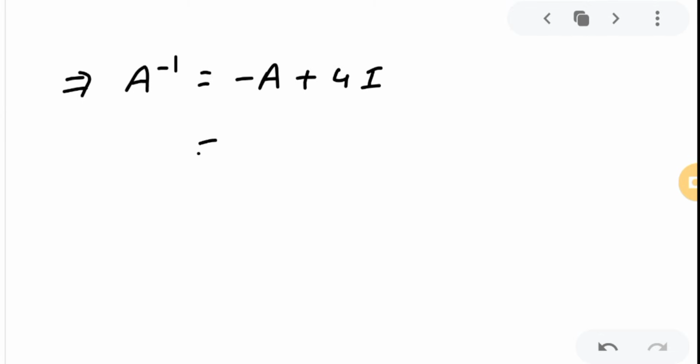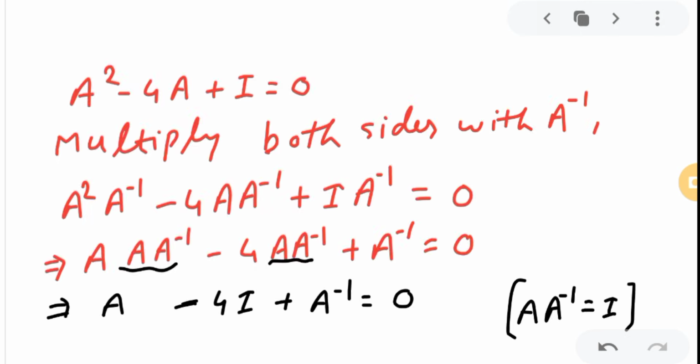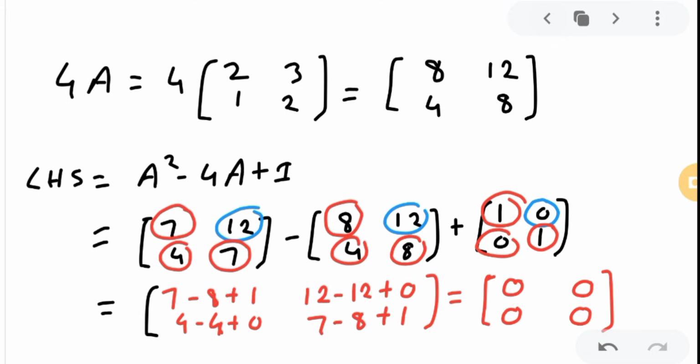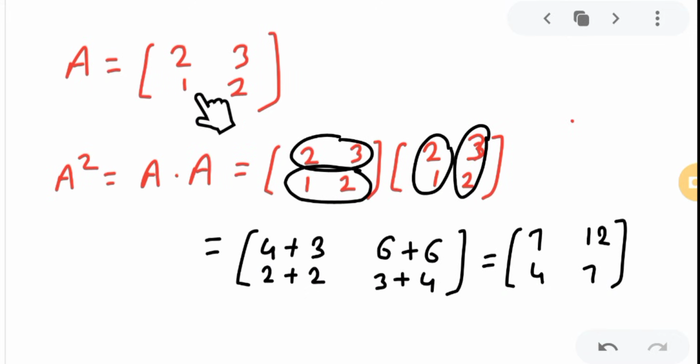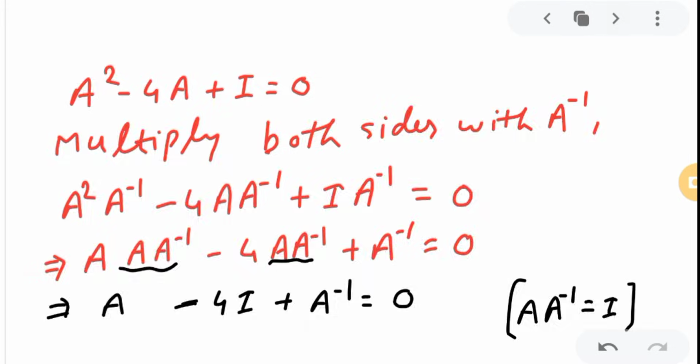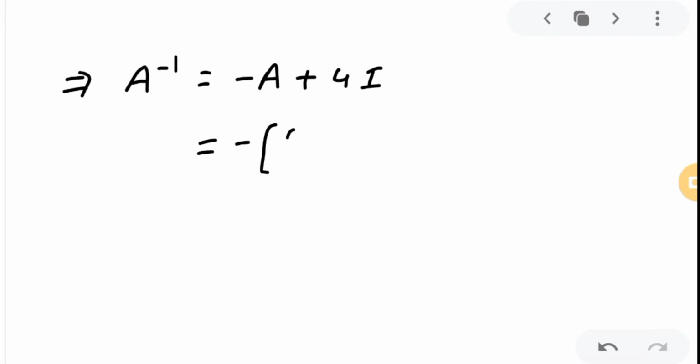Now just put in the values. A means this matrix, 2 3 1 2. So minus 2 3 1 2, plus 4 times I, and I means nothing but 1 0 0 1. This is the identity matrix.